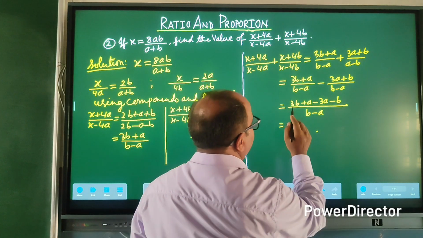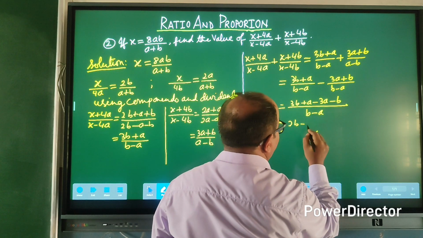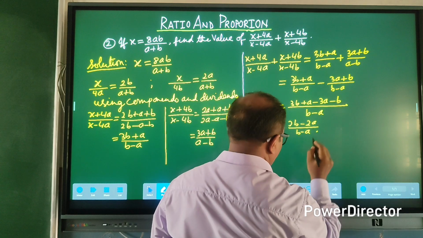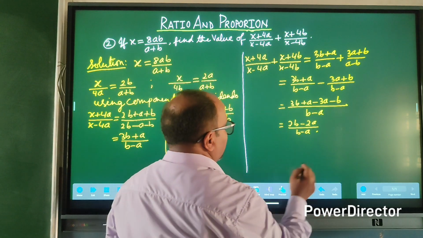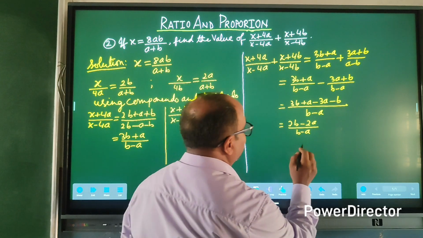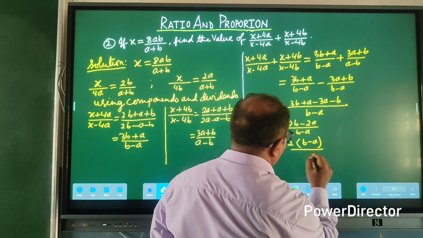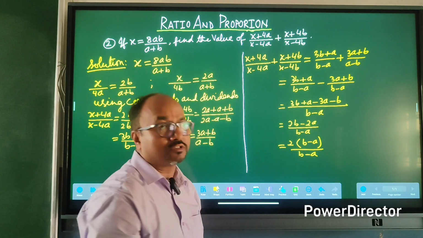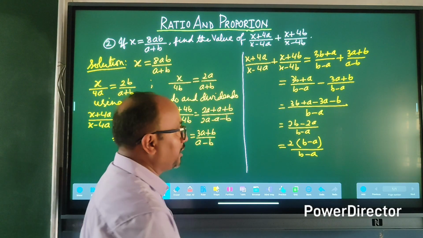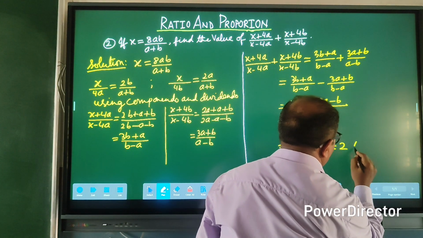Now what happens here? 3b minus b gives you 2b, and a minus 3a gives you 2a by b minus a. Now we can have this 2 taken common, so b minus a by b minus a. Now you see numerator and denominator, leaving that 2, have come same, so we can cancel this out and you get the result as 2.